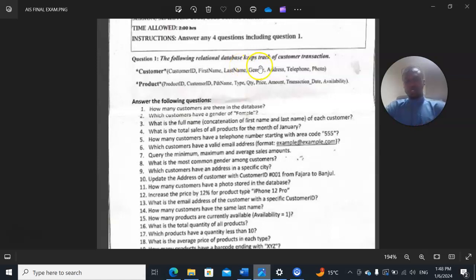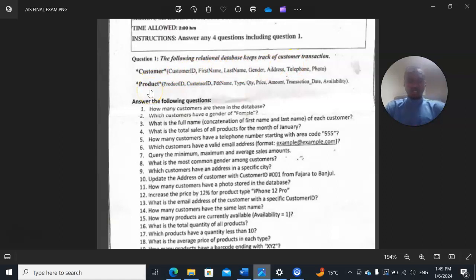Gender tells whether the customer is male or female. Address is the location of the customer, where the customer is residing. Telephone is the phone number of the customer, how we can reach the customer. And photo simply refers to the picture of the customer, by which we can identify our customers. So basically those are the attributes or columns under the customer table.